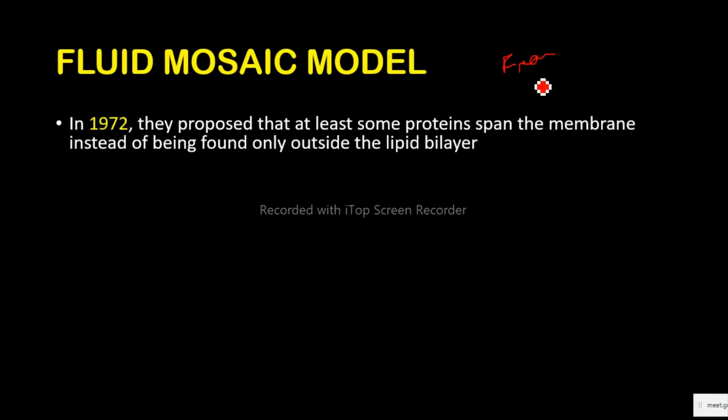But with further improvement in biology, in research, in techniques, then these two guys, Singer and Nicolson, in 1972, proposed that at least some protein molecules span through the membrane instead of being found on the outside of the lipid layer. So that instead of sandwiching the lipid bilayer, some proteins do span through.